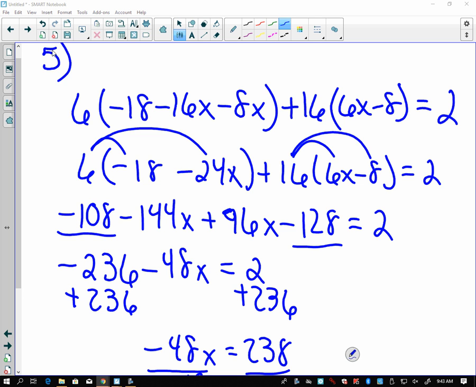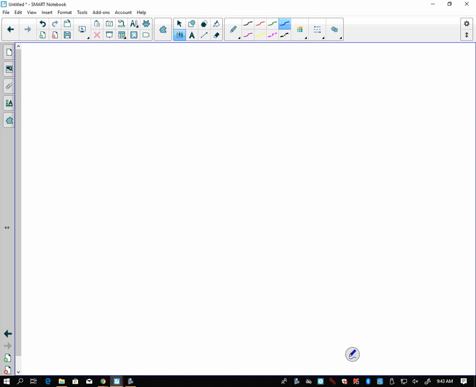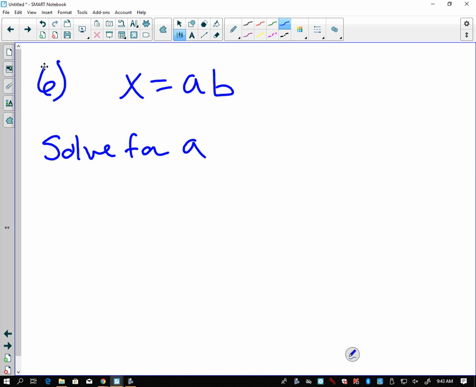Okay. Let's go on to number 6. All right, this should be a question that you've seen before, okay? If we see something like x equals AB, and it says solve for A, how do I solve for A? Divide by B on both sides.